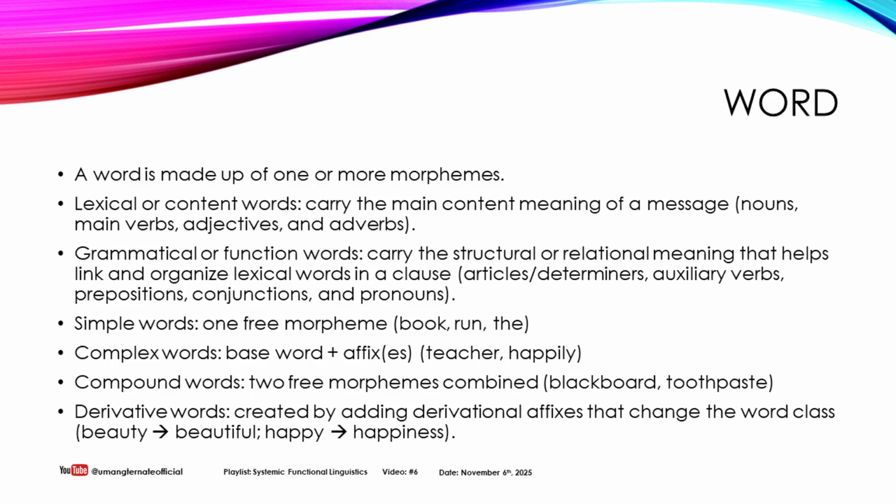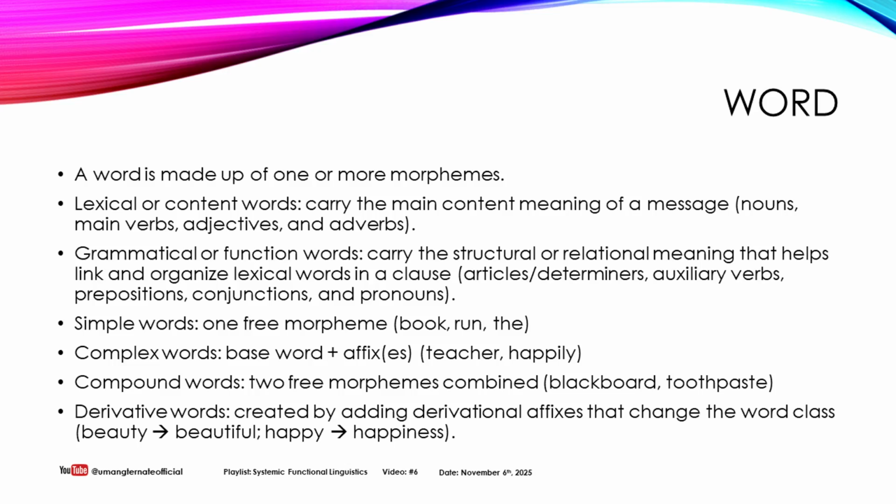Words can also be classified in terms of their complexity. We have simple words, which are made up of only a single free morpheme, like book, run, and the. Look, because the word the is a determiner, or a grammatical word, it has no meaning on its own.